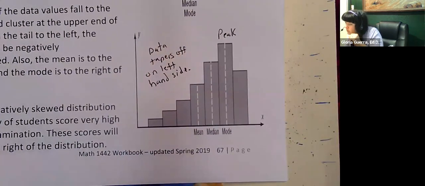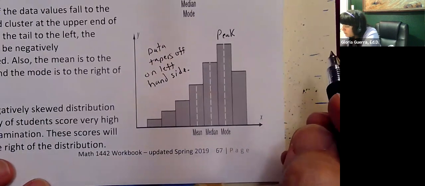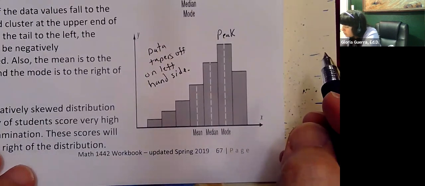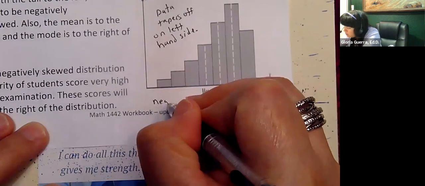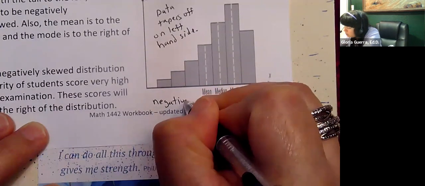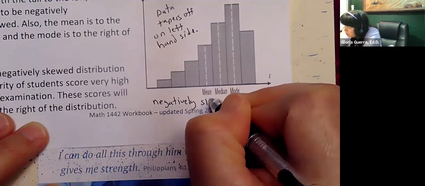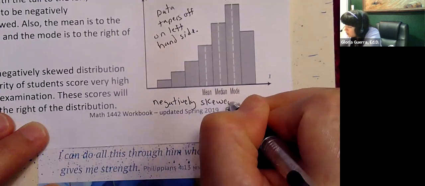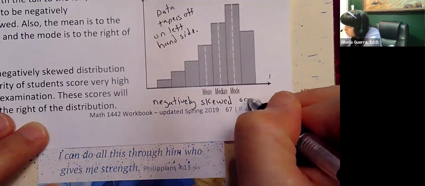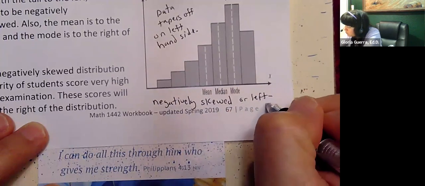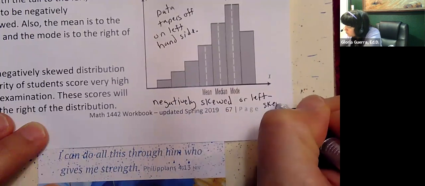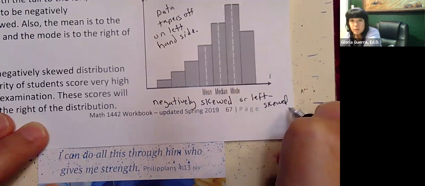And it doesn't have the description on this one, but this should show negatively skewed, or left skewed.